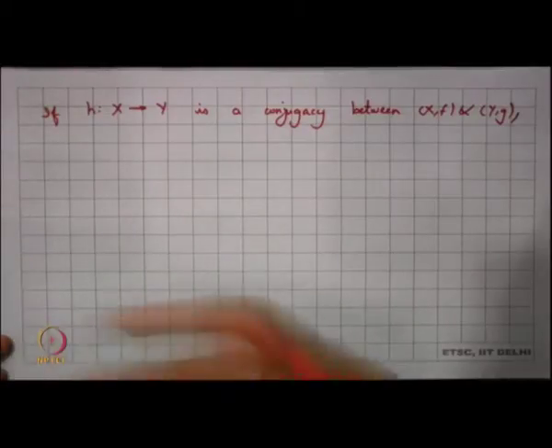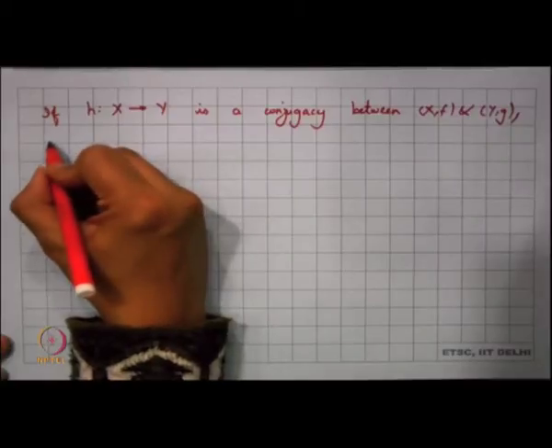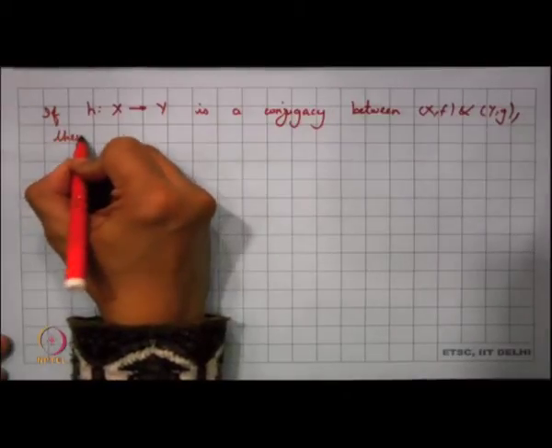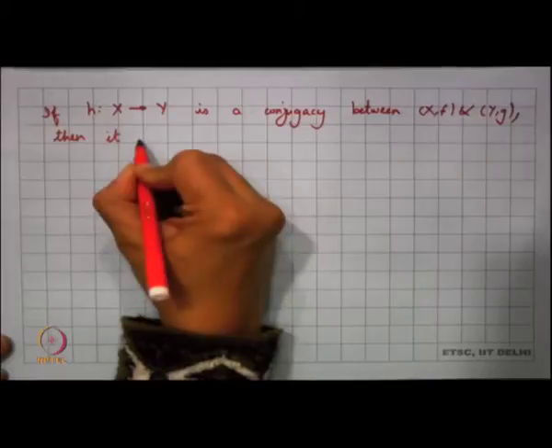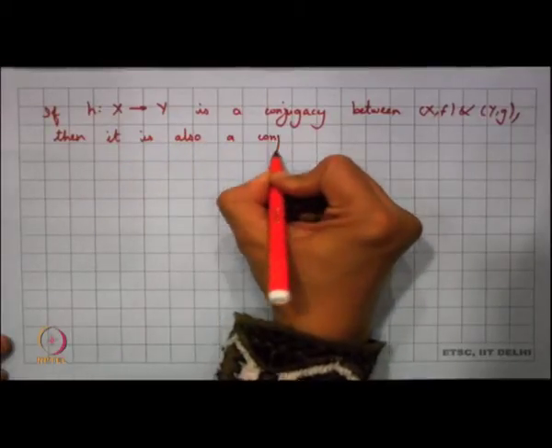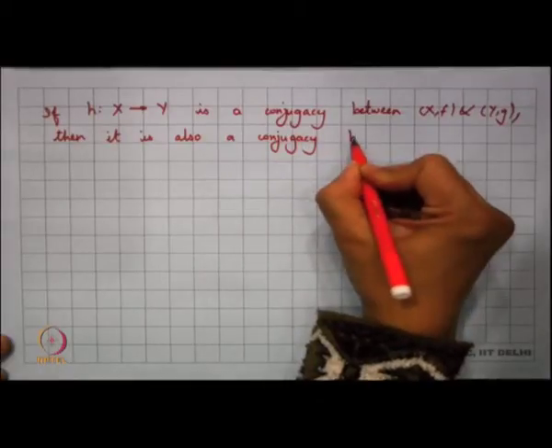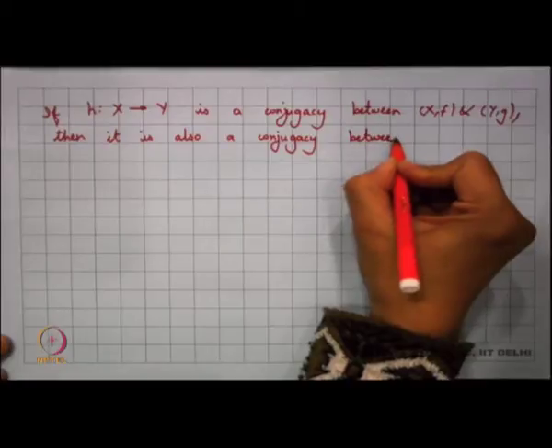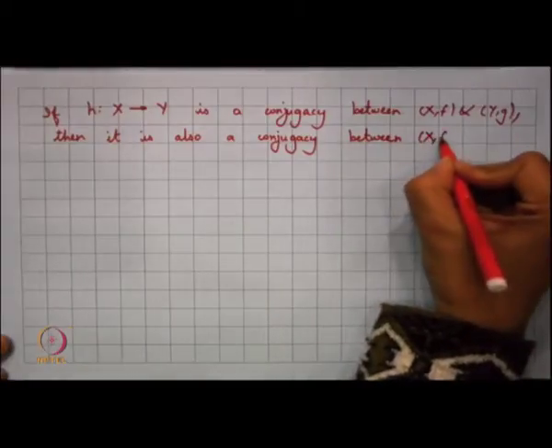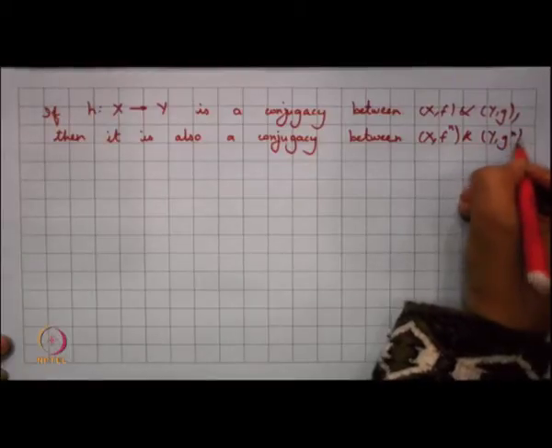I can take any iterate of f. It will also be a conjugacy between f to the power n and g to the power n.